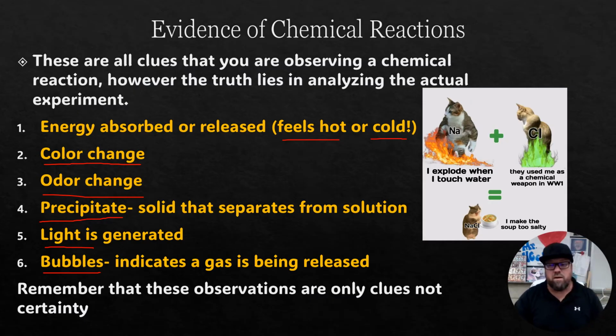Now remember that these are only clues and not certainty. You actually have to dive deep into the reactants and look at the formulas and study what's happening with a deeper set of tools. But if you see any of these six, you're really on a good track that what you're observing is a chemical reaction.